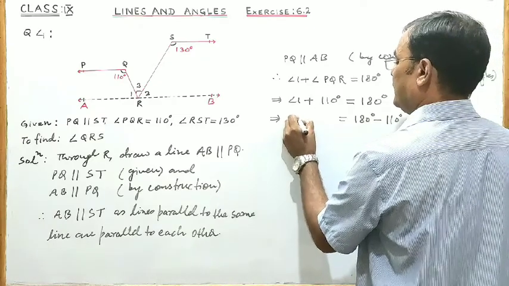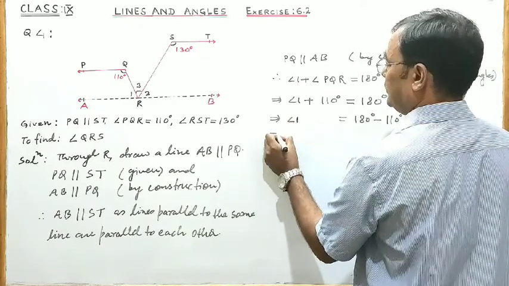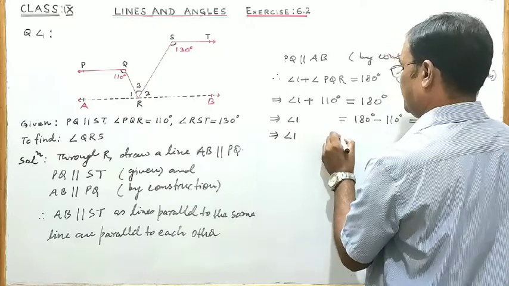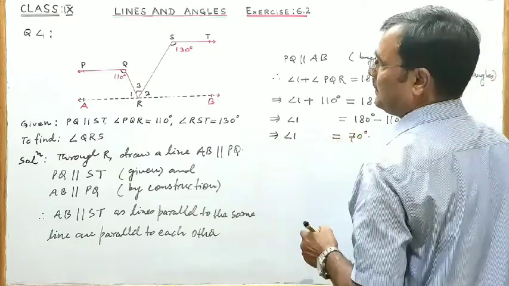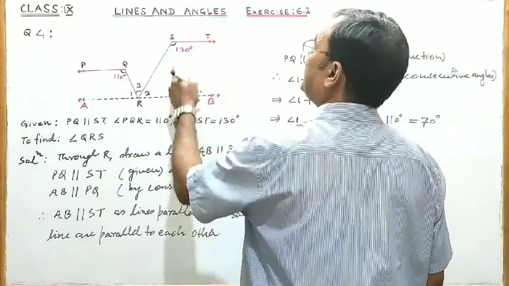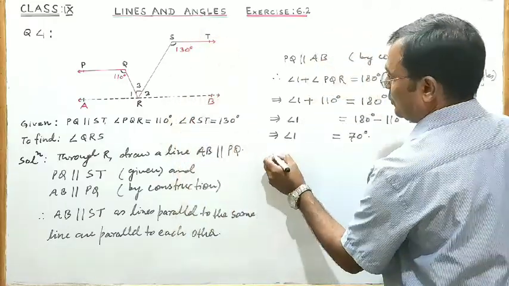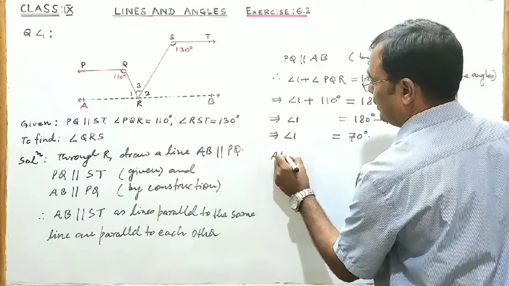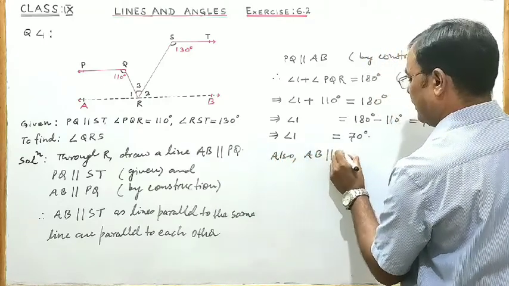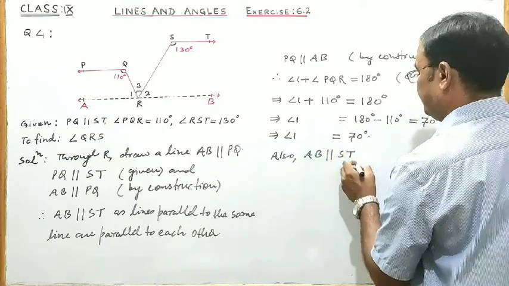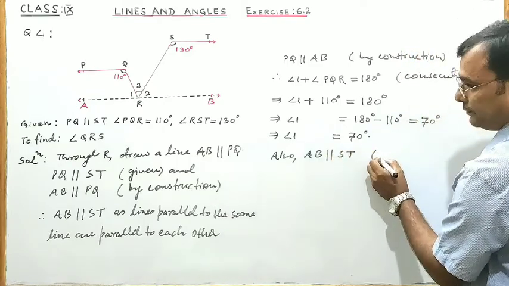So angle 1 is equal to 70 degrees. Now AB is parallel to ST also. AB is parallel to ST, proved above.